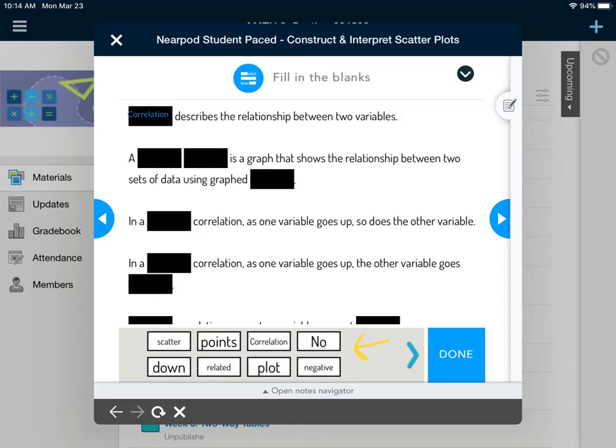Well, we're working with scatter plots, so we're going to go scatter plots and type that in, or you would drag that in there. And it's between 2 sets of data using graphed points. So we put points in there. And then so on. So there's a few done for you. Try to finish the rest, and then you make sure you move on or hit done when you're done with that.